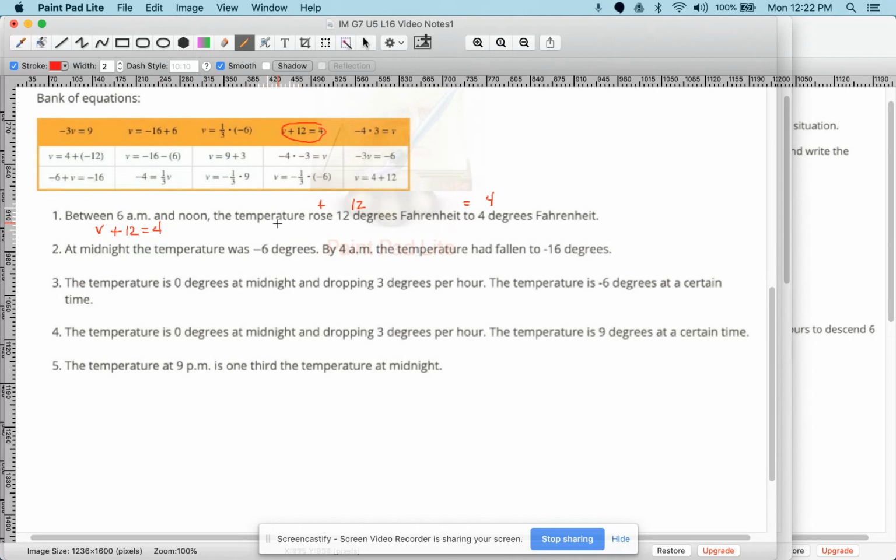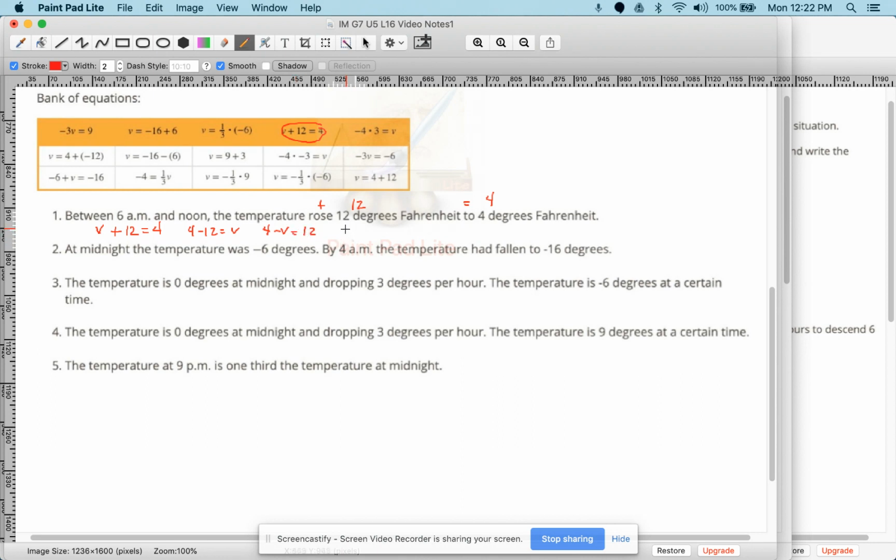Now we need to find a different equation because they said to find 2 equations. So we need to see what equation manipulates this equation to be something different. Remember our family of equations. It could be something like 4 minus 12 equals v. It could be 4 minus v equals 12.